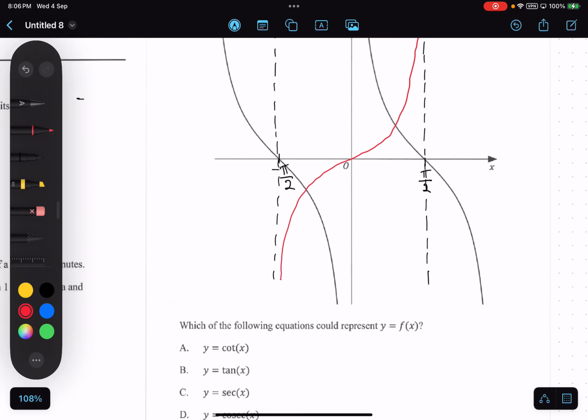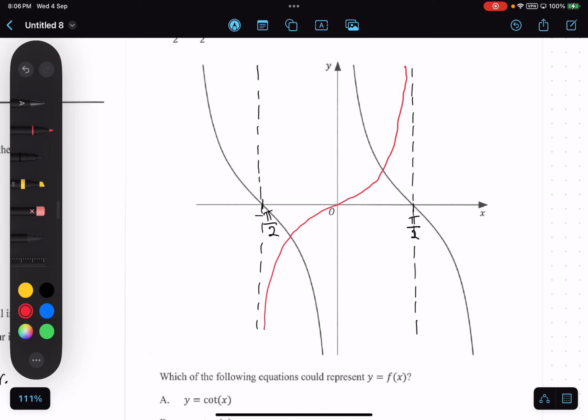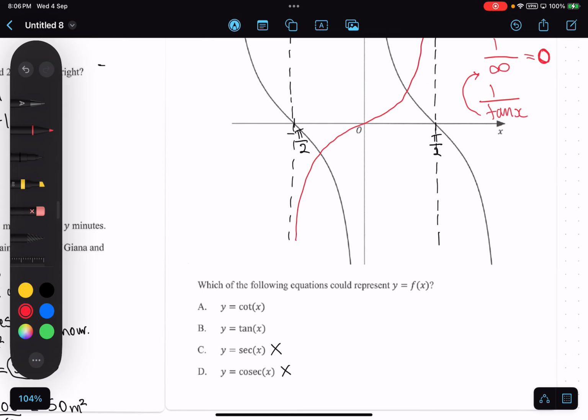So for cot x, we know that all the points where there's an asymptote, it's going to be 0, since as you know, 1 over infinity equals 0. Cot x is 1 over tan x. So every time tan x is equal to infinity, i.e. where there's an asymptote, cot x is going to equal 0. So therefore, the answer is going to be cot x, which is A.